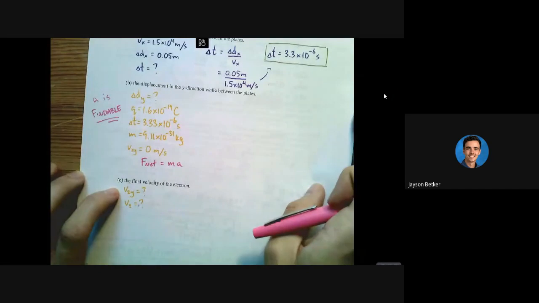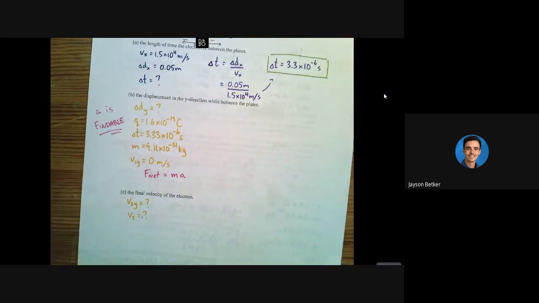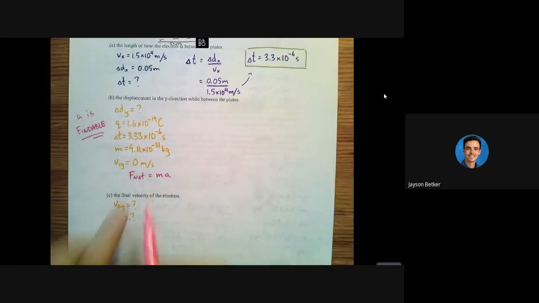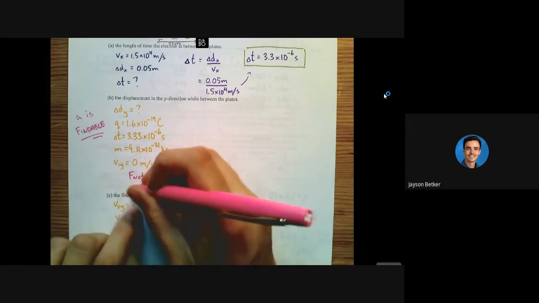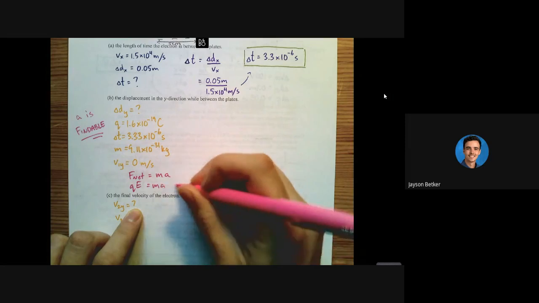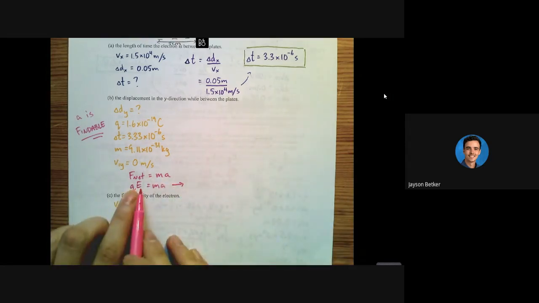Does that help me? Yes, it does. And it helps me in a really convoluted way. This is why this question is so difficult, because now we replace this with QE equals MA, but we're not quite finished yet because we don't know E.